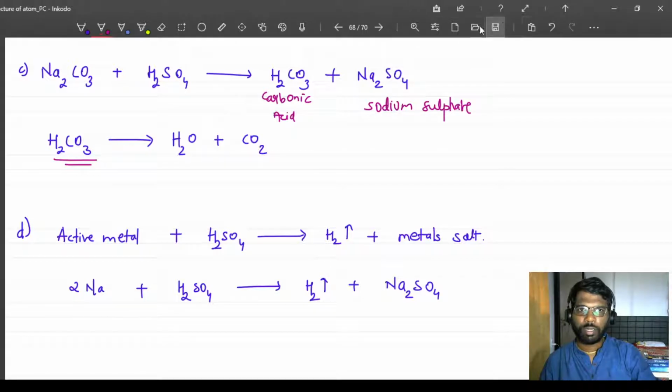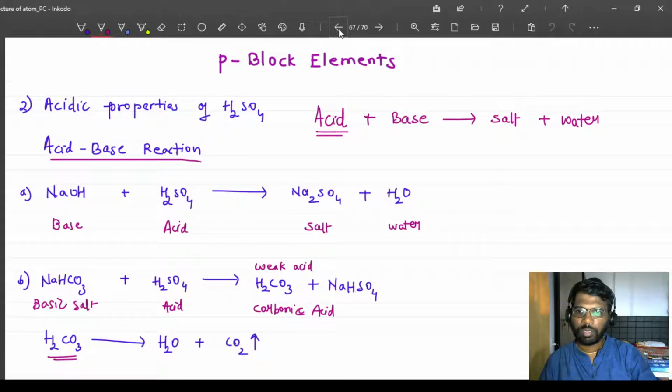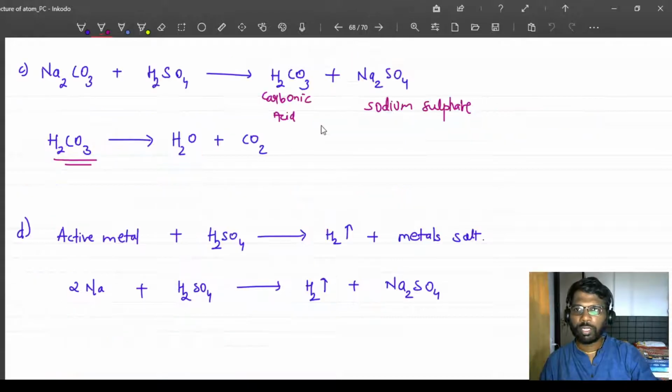In the previous example it was NaHCO3. The difference is that here there are two sodiums and in the earlier case it was one sodium and one hydrogen. That is the only difference between these two reactions, otherwise the reactions are the same.